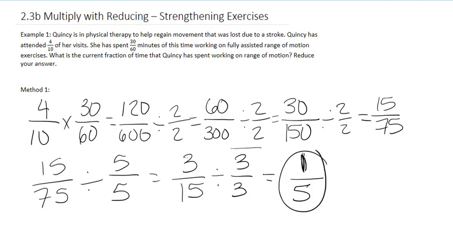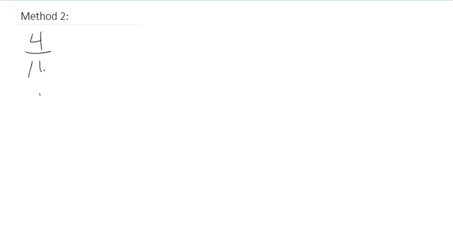So let us now go to the second method. So method 2. In the second method, we use prime factorization to divide out the numbers. So we will write 4/10 to look like this now, which is 2 times 2, and then 10 is 2 times 5.